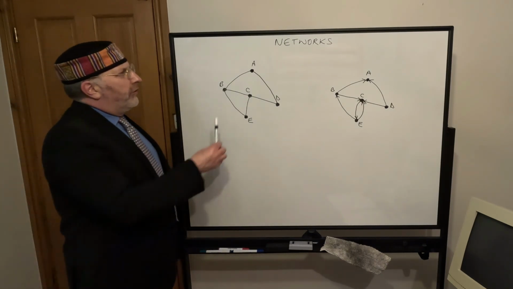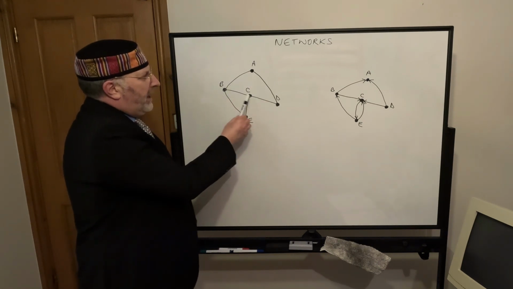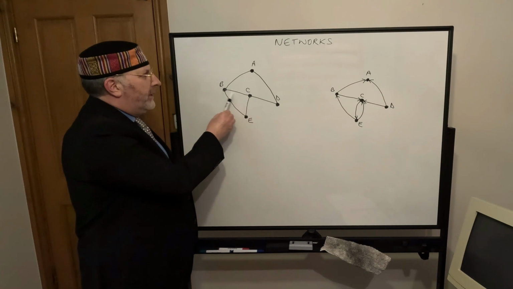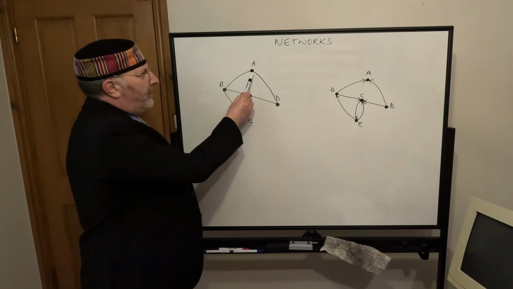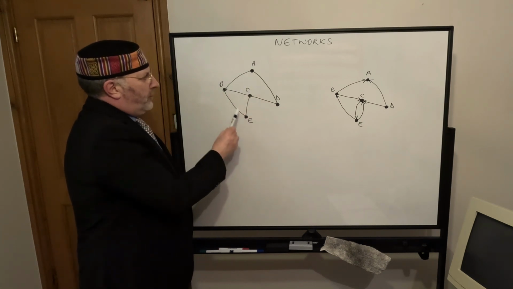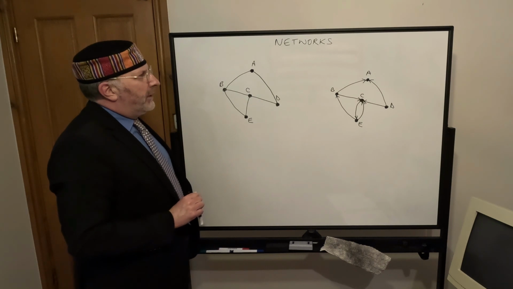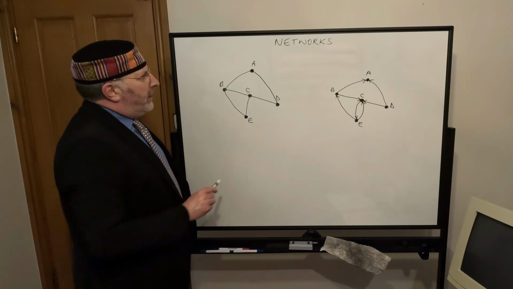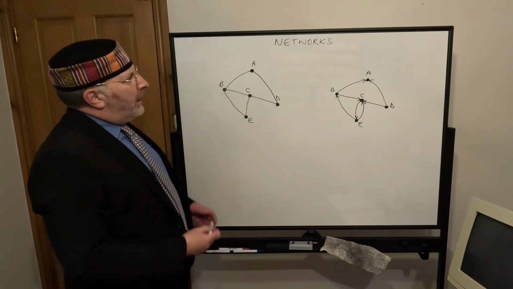So a network consists of nodes joined by links between the nodes, or these are also sometimes known as vertices joined by edges between the vertices. And here we've labelled the nodes A, B, C, D and E.